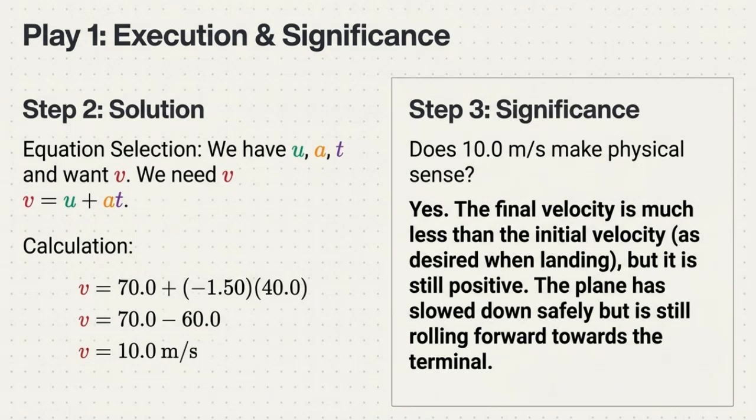This result makes physical sense because the final velocity is significantly less than the initial velocity, which aligns with what we expect when a plane is landing. It slows down safely but still moves forward toward the terminal. The positive final velocity confirms the plane's controlled deceleration during the landing phase.